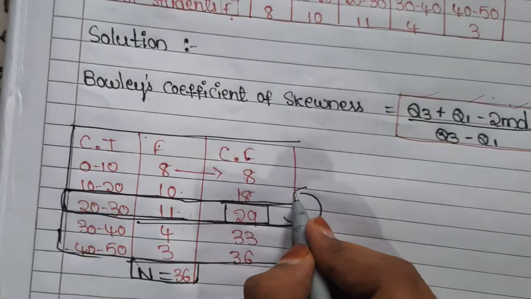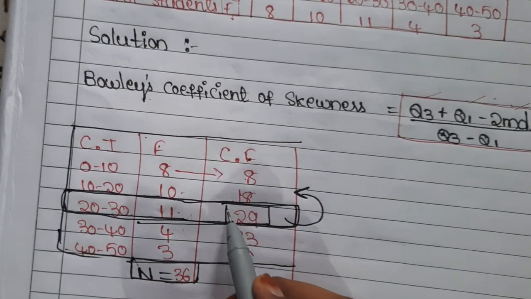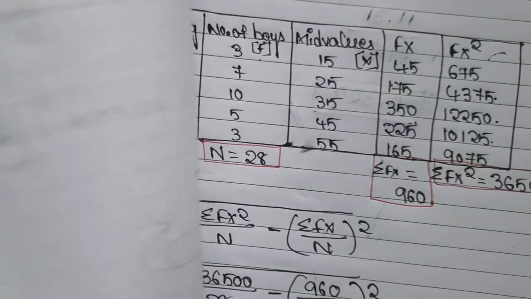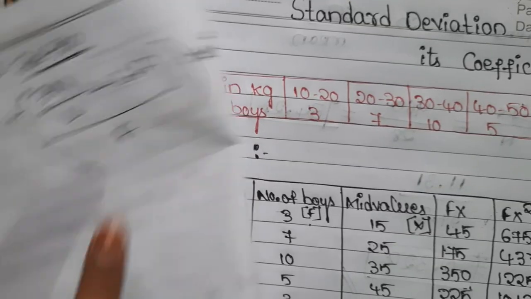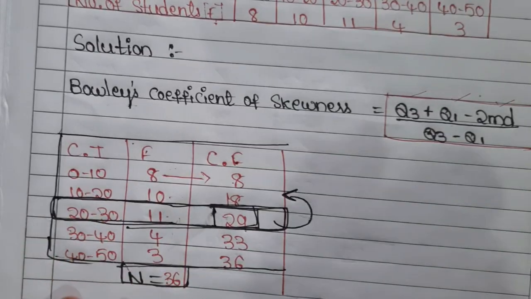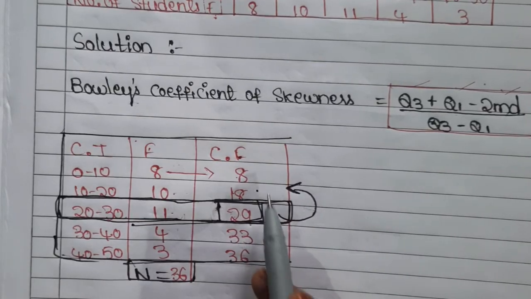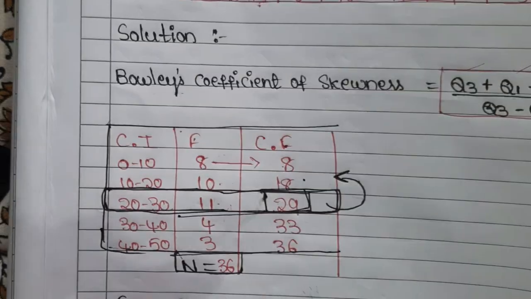Above this we are going to consider as cumulative frequency. For the term we take this cumulative frequency, but here we take the one above it. Take the one above 29 in the cumulative frequency. So here the cumulative frequency will be our 18.